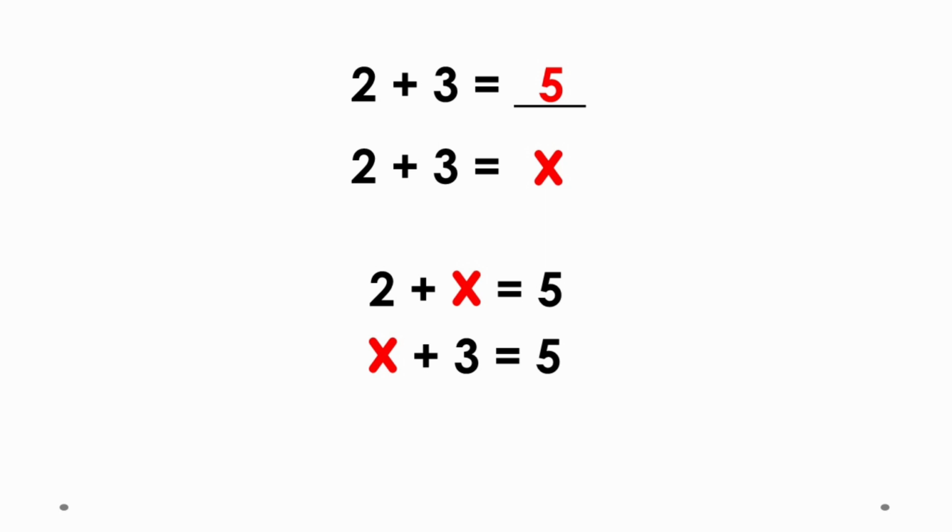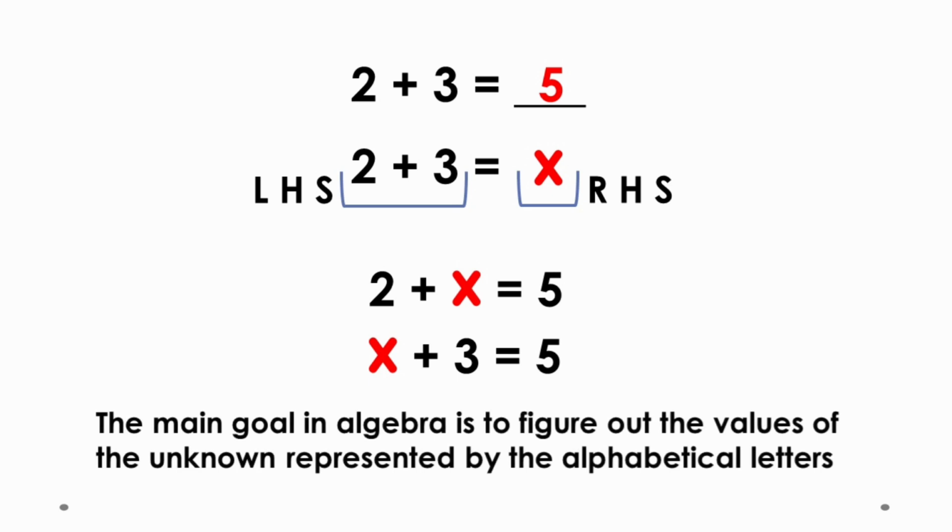This equation says that the known values on the left-hand side are equal to the unknown value on the right-hand side of the equation, which is being stated as x. The main goal in algebra is to figure out the values of the unknown represented by the alphabetical letters.